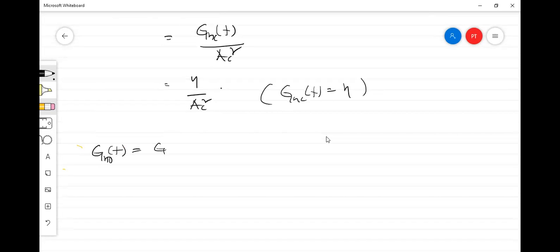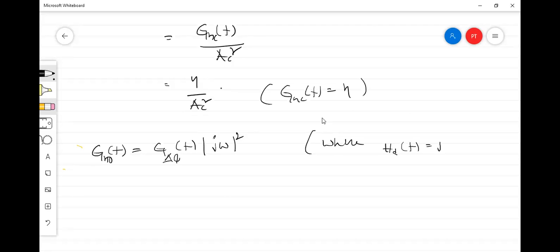It is simply equal to the input noise power spectral density times the mod square of the transfer function of the differentiator. The transfer function of a differentiator is HD of f equal to j omega.